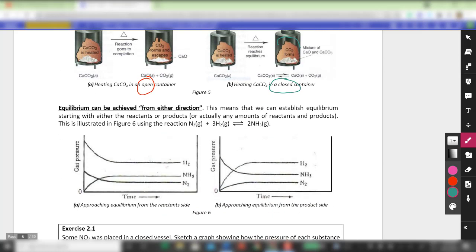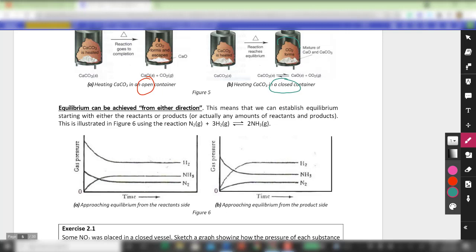Let me also stress to students that equilibrium can be achieved in either direction. Some students think that to establish equilibrium, we must start from the reactants. But are you aware that whether you call something the reactant or the product is a matter of perspective?